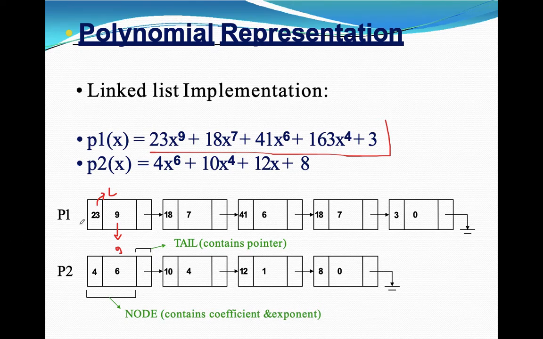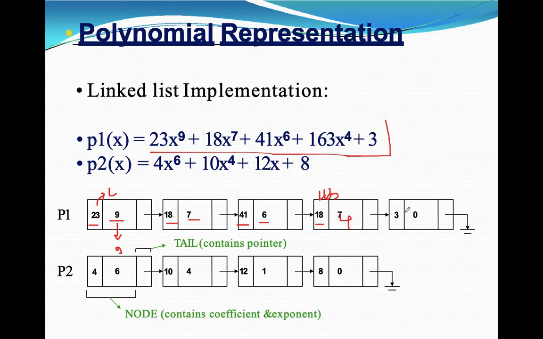So this is 23 x to the power 9 plus 18 x to the power 7 plus 41 x to the power 6 plus 163. ভুল আছে, এটা হবে 163 x to the power 4.